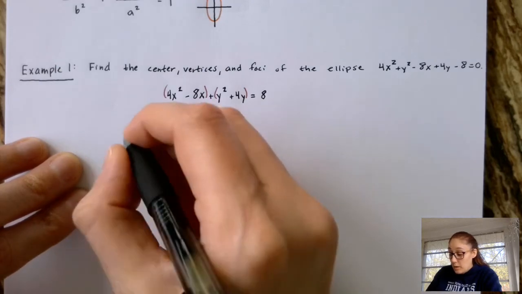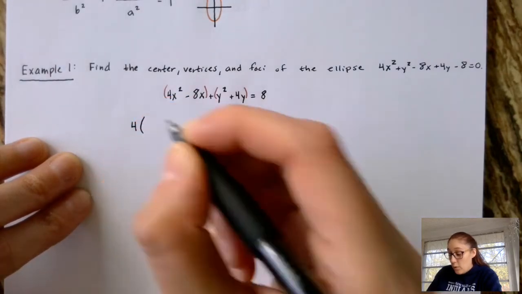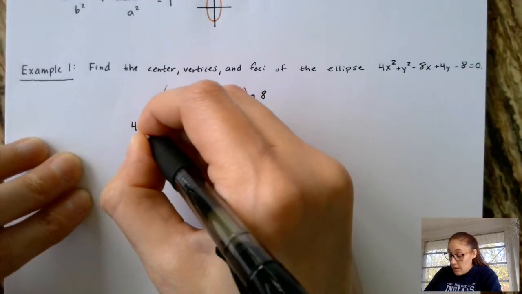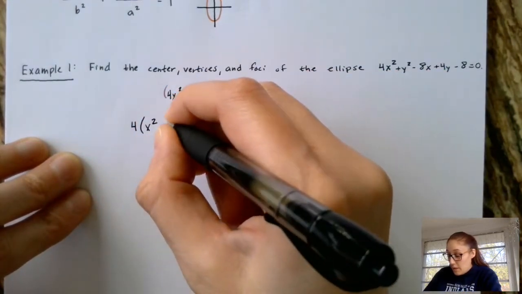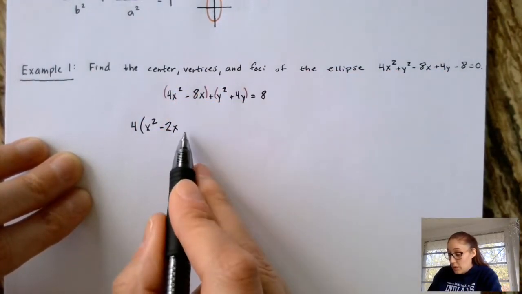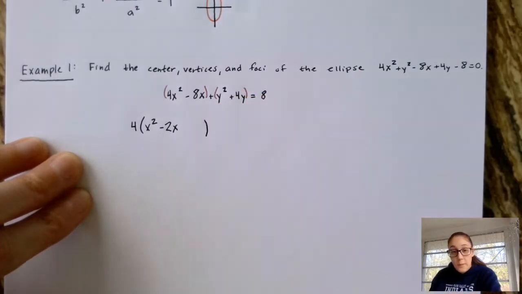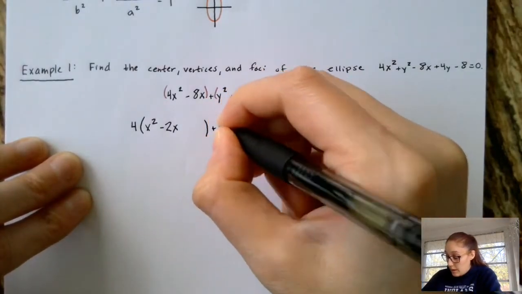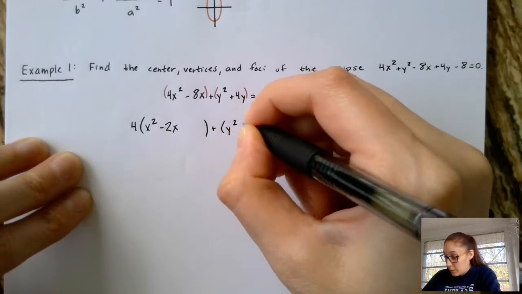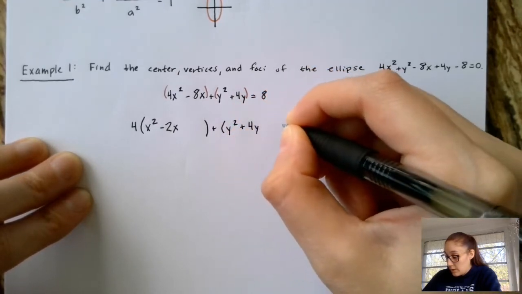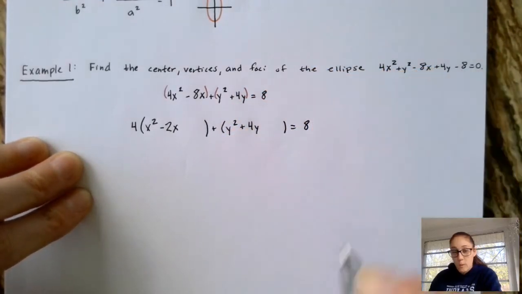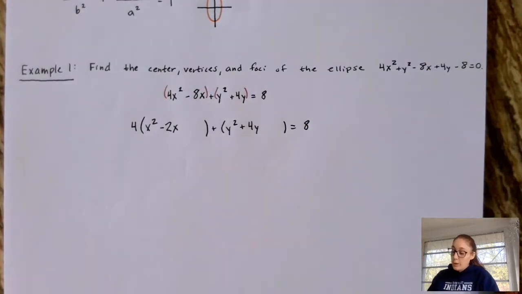So I'm going to factor out a 4, and then I'm going to have x squared minus 2x, and I'm going to leave a space because I'm going to complete the square. And then I can group my y's as well, leaving a space. Okay, so just be really careful that you always do that.